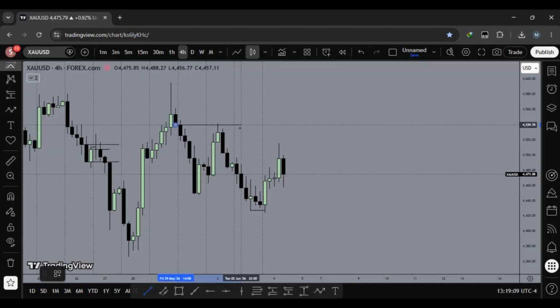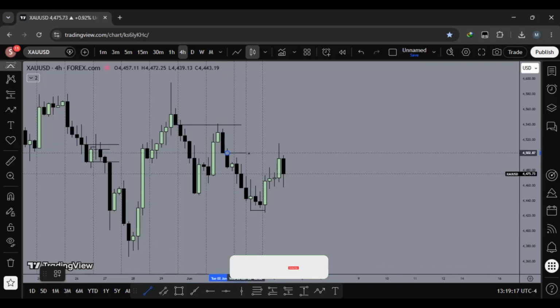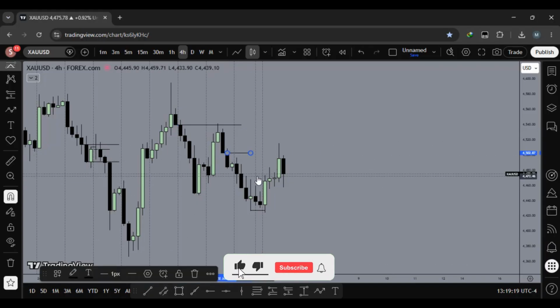Once you see your rejection like this, you wait for a candle 2 closure. This candle engulfs this and gives you a candle 2 closure. Look at your entry. Enter here. This is your entry. And target here. Finish. This is what you do. If your setup is on the 4 hour, you go to the 5 minutes or 3 minutes. Look for a change in state of delivery and target here.